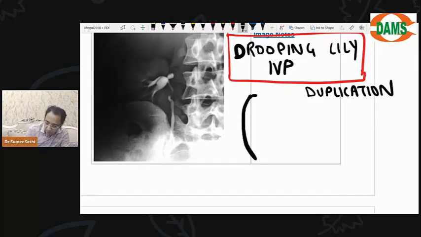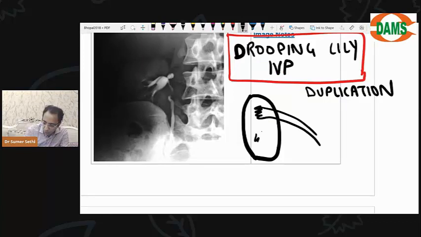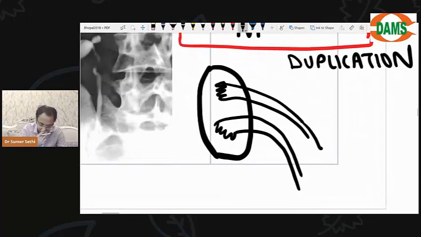Duplication means, suppose from one kidney you have two ureters. Upper pole ureter, lower pole ureter. What will we call it? Duplication.